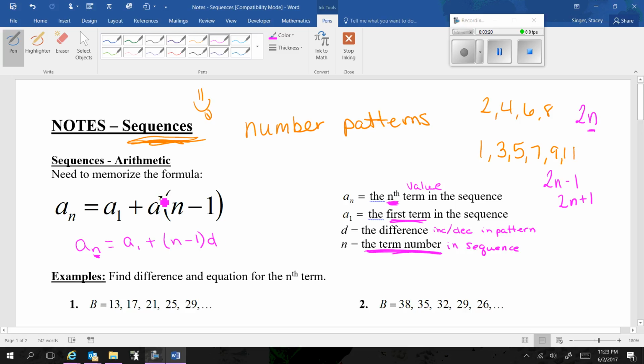I like to write it as difference times n minus 1, just because you guys are so used to distributing a single term into a binomial rather than distributing a binomial to a single term, backwards, however you want to think about it. So this is given on a reference table.